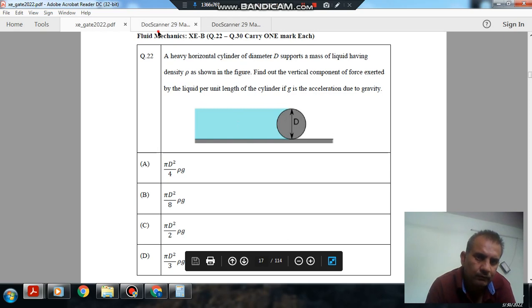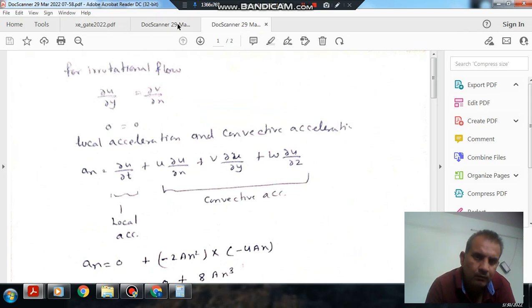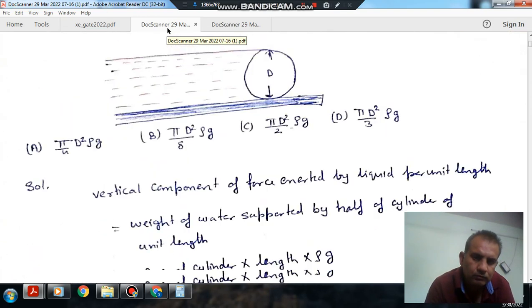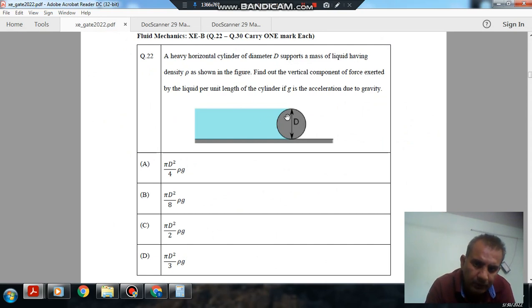Okay, so to find out the vertical component of the force exerted, we will calculate the weight of water supported by this cylinder, as half of the cylinder is used to support the weight of water.